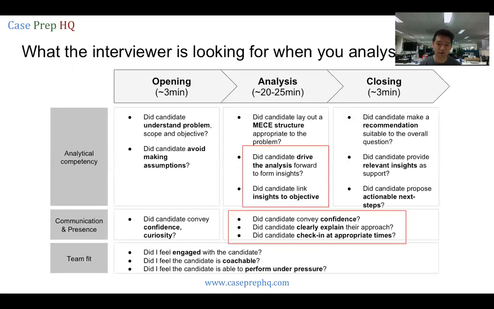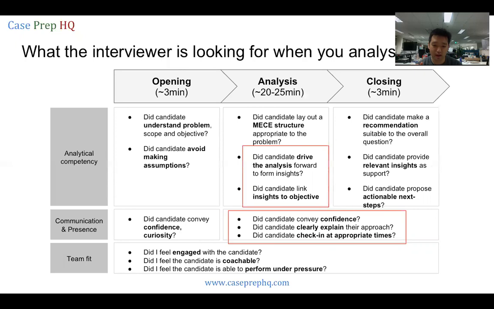So when the interviewer gives you some information to analyze, they're really looking for a couple of things. First, is the candidate taking the data and driving it towards a question that you've given them? It's not just analyzing for analyzing's sake, but are they driving it forward to answer a hypothesis?